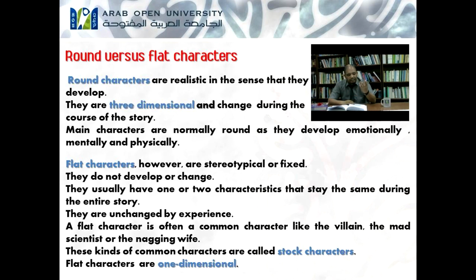When you look at a ball, you can look at it from different perspectives: from above, from beneath, from the east, from the west. Different directions, different dimensions. But when you look at something flat, it doesn't have all the dimensions that we're talking about in round characters. It doesn't have so many facets.